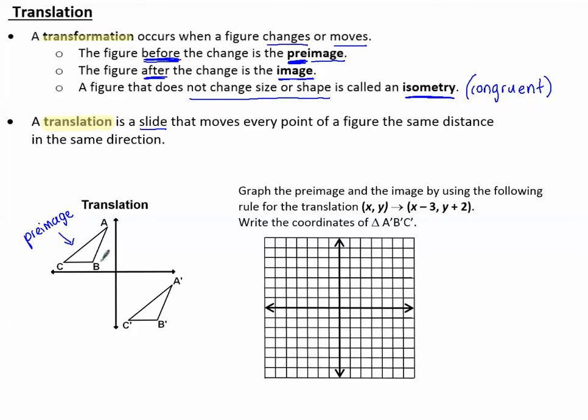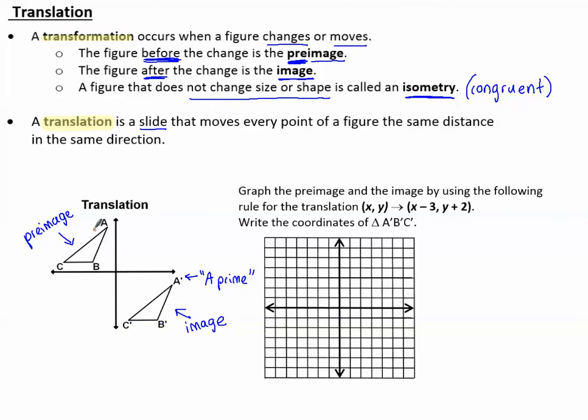How do we know this is the pre-image? Because the image will always have these prime marks. These are called prime. We will say this right here as A prime. A prime, B prime, C prime is the triangle after the translation.